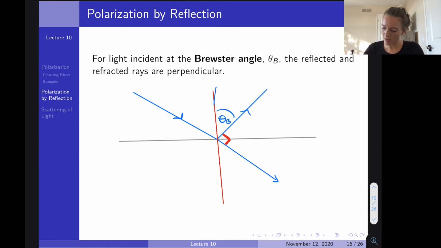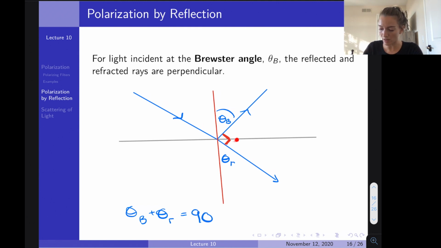And now you know that obviously this is a vertical line, so that means it's 180 degrees, right? From here to here is 180 degrees. So you know that if this is 90, that means that theta B plus theta refracted are going to be equal to 90, right?